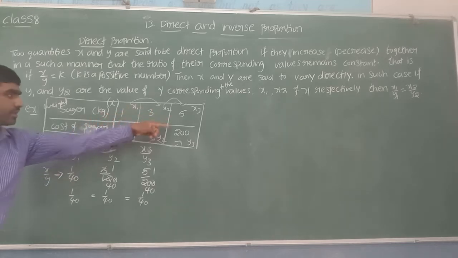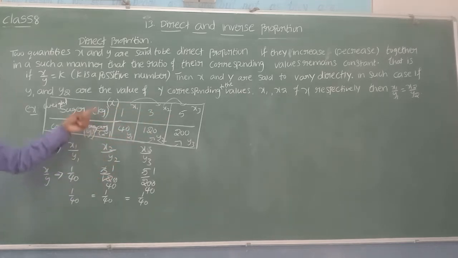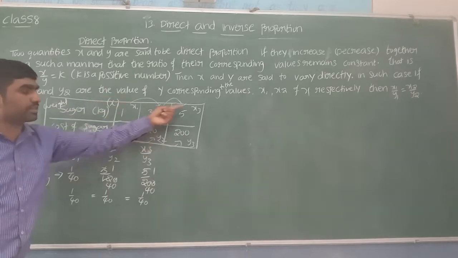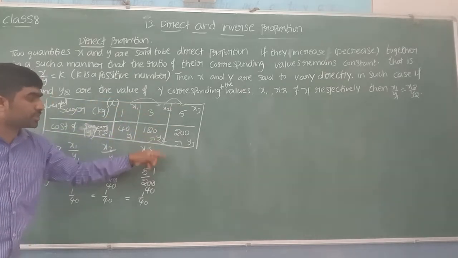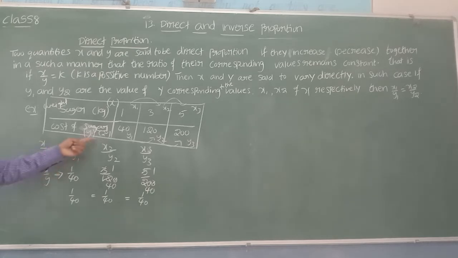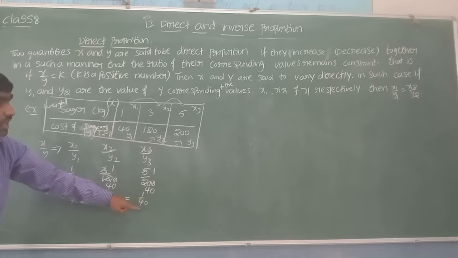The ratios x1 by y1, x2 by y2, x3 by y3 give the same constant, 1 by 40.